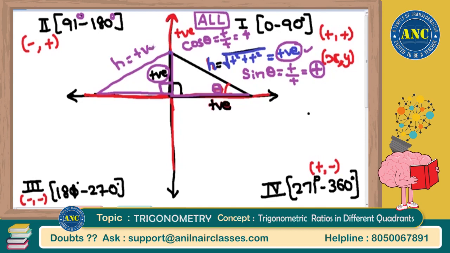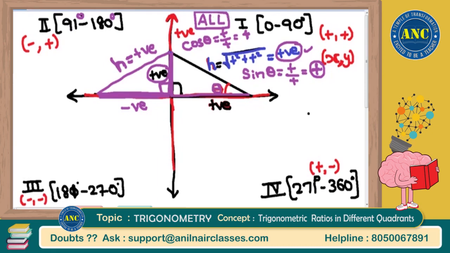Hypotenuse is square root of something which will always return a positive value. In second quadrant, x-axis is negative, and y-axis is positive, which I already have written here as plus, positive. Hypotenuse is square root of something which will always return a positive value, right?